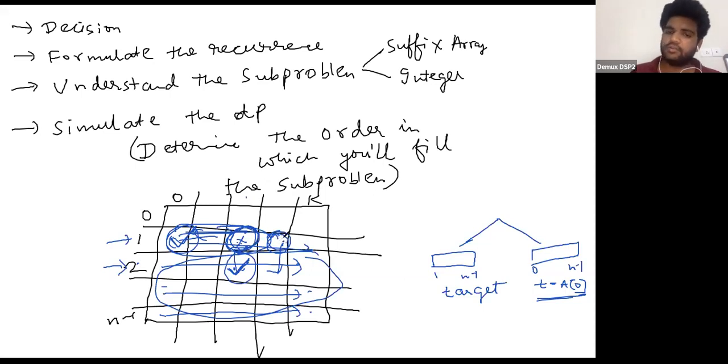Does this make sense to you guys? Do you understand the essence of this? We are trying to understand the order in which we will fill our subproblem space. And I am saying that we just looked at the recurrence, and from the recurrence, we concluded that these are the two values that we are using. So if I go ahead and fill my 2D DP array in this order, then I will always have the value for the smaller subproblems when I am about to compute for a bigger subproblem.